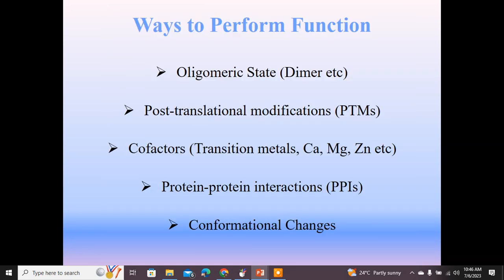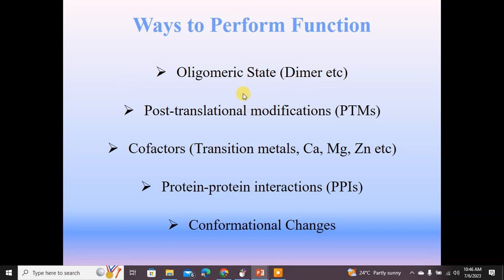So protein will perform these functions by these 5 methods. They can perform this function by performing all these 5 methods or processes, or they can just choose one of them. So what are these processes?